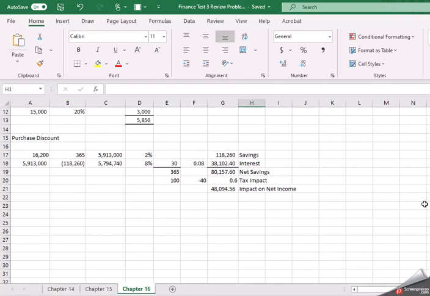If the firm purchases $16,200 per day for 365 days per year, and the interest rate on their line of credit is 8%, and they are in the current tax bracket of 40%, what would be their change to net income? So we take their daily purchases of $16,200, multiply it by 365 days to get their annual purchases.